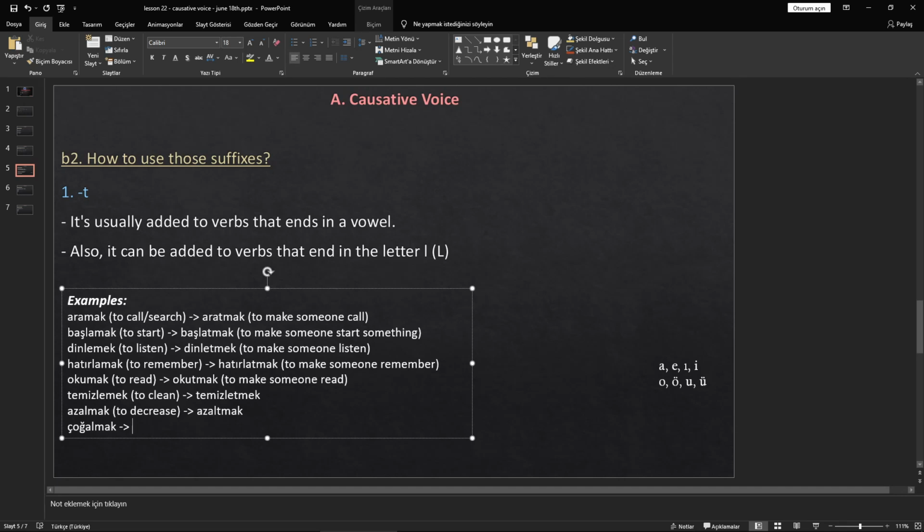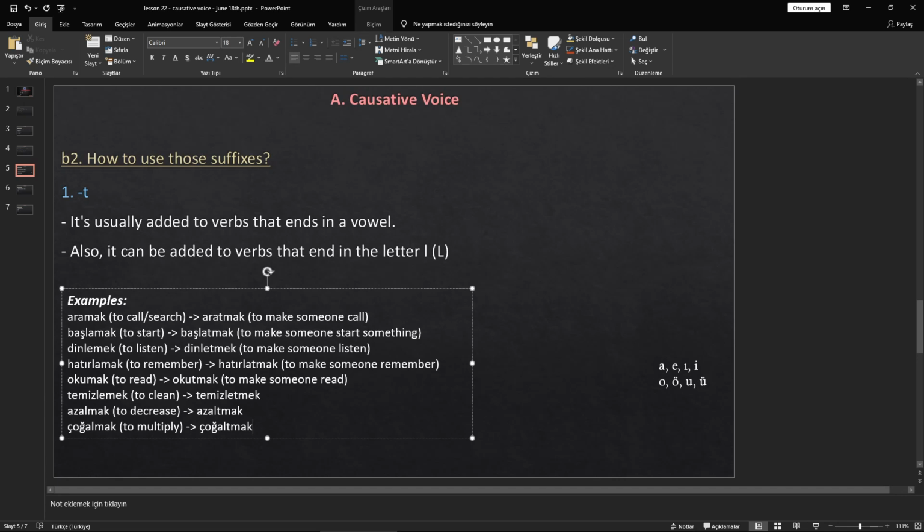Çoğalmak, from my memory, I think it's like to multiply. Like when something grows in numbers, it multiplies, çoğaltmak. So çoğaltmak. Yeah, exactly. It comes from çok.